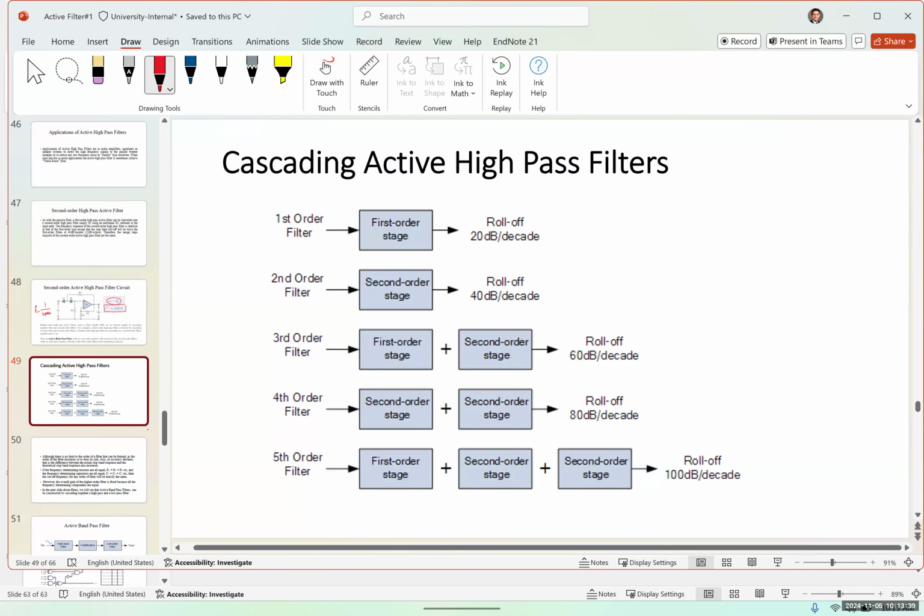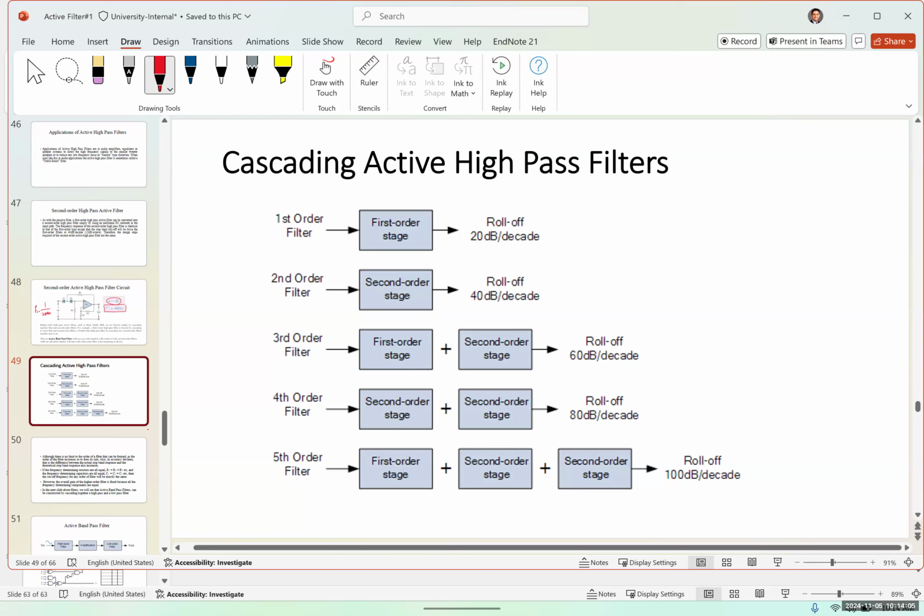It's the same for a low pass filter, active low pass filter, and high pass filter, passive and active high pass and low pass filter. For a first order, we just have one first order, second order, a second order. Third order would be a combination of a first order and a second order. Fourth order would be a combination of a second order with another second order. Fifth order would start with the first order and two second orders.